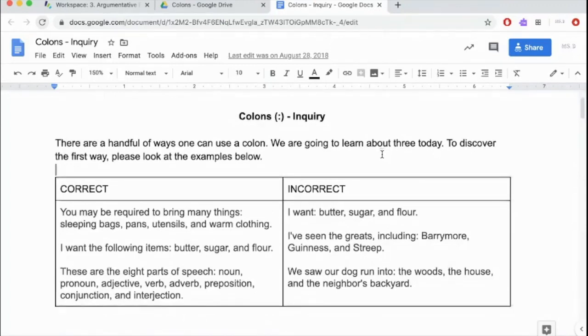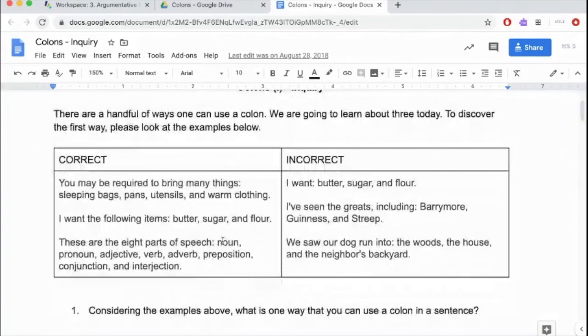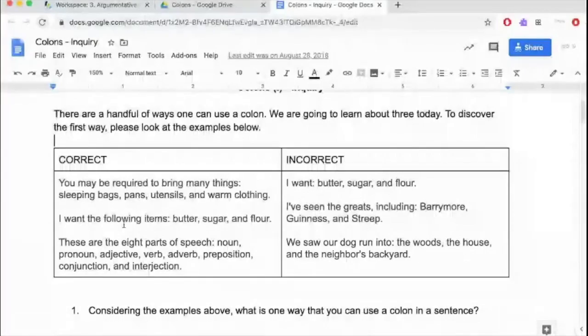Let's look at the first one. So we've got this column that says correct and then incorrect. Let's look at the correct column first. You may be required to bring many things: sleeping bags, pans, utensils, and warm clothing. I want the following items: butter, sugar, and flour.